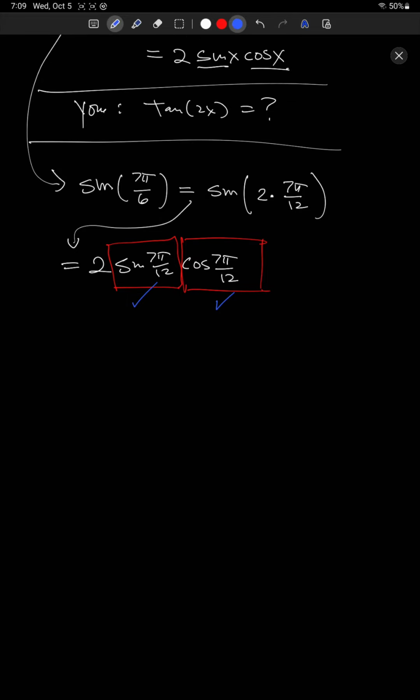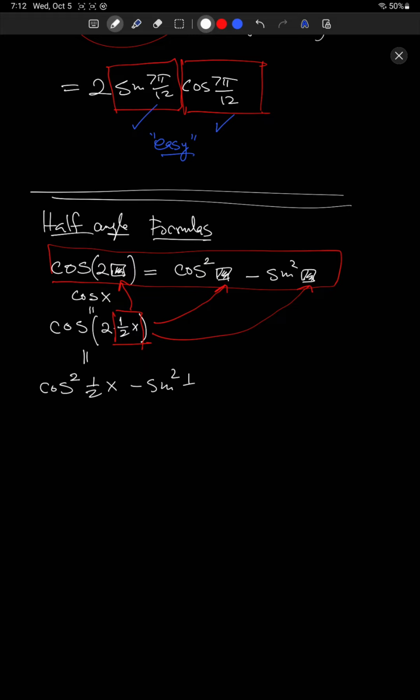But if I use the identity from above, I'm going to be able to break down this cosine of 2 times 1/2 x into just cosines and sines of 1/2 x. So I'm going to put the 1/2 x together as my box, right there. And so this guy goes there, this guy goes there. And so we end up with cosine squared of 1/2 x minus sine squared of 1/2 x.